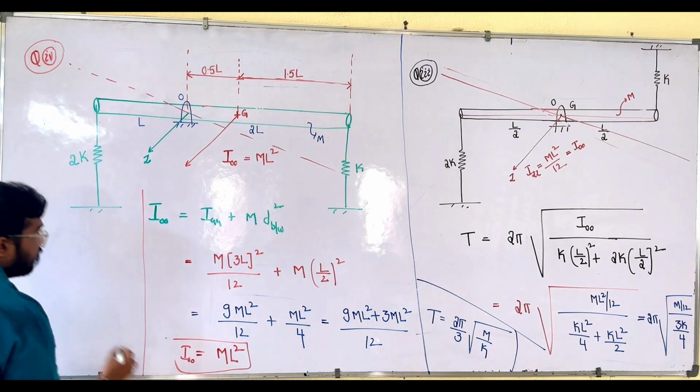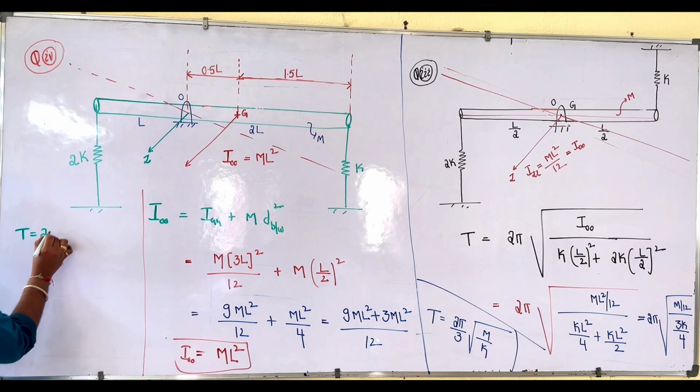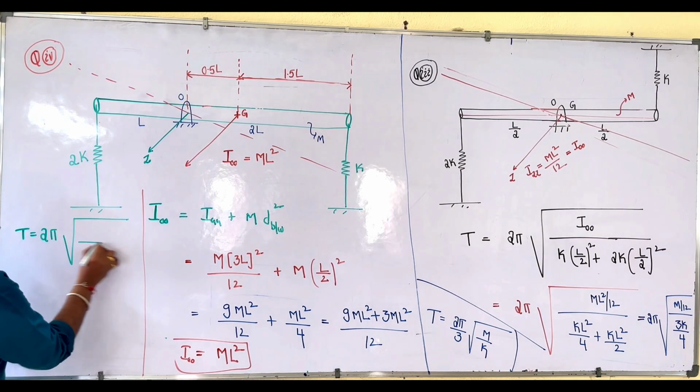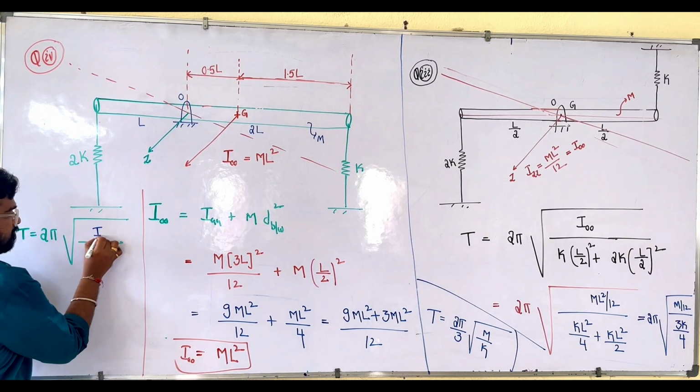So now tell me, what is the time period of oscillation? What is the short trick? T equal to how much? 2 pi square root of numerator related to what? Element mass. You know, m by k. Here mass moment of inertia by k. Clear? So here how much will we get?